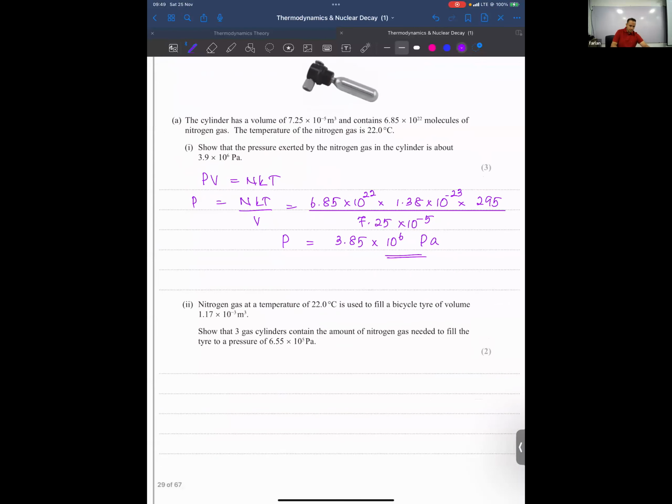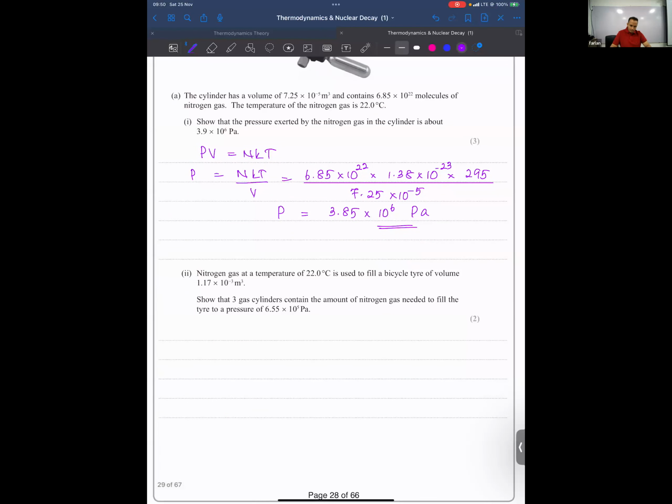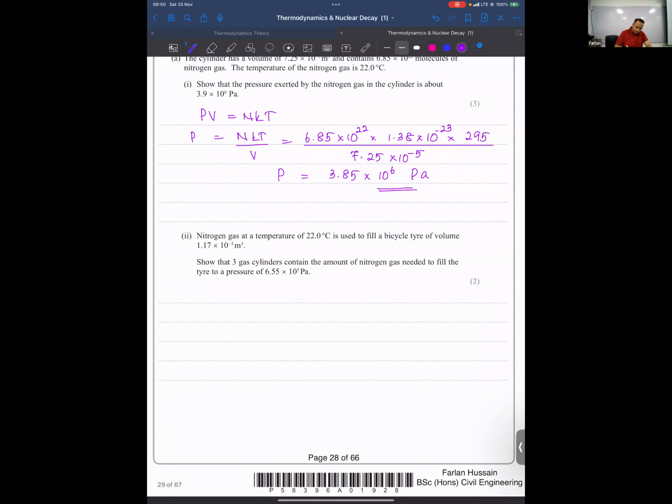Nitrogen gas at a temperature of 22 degrees Celsius is used to fill a bicycle tire of volume 1.17 into 10 to the power minus 3 cubic meters. Show that 3 gas cylinders contain the amount of nitrogen gas needed to fill the tire to a pressure of 6.55 into 10 to the power 5 pascals. I want to find how many gas molecules are required to fill the tire, which is N equals PV over kT.